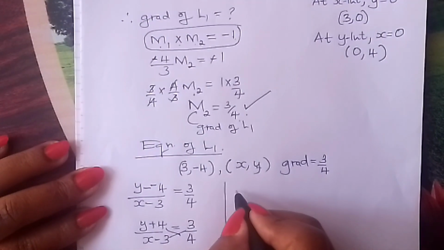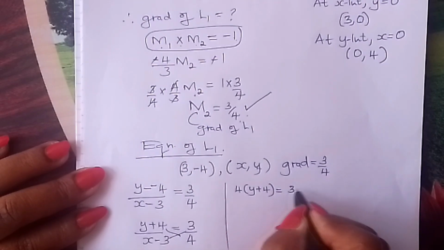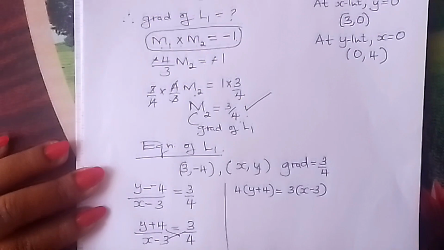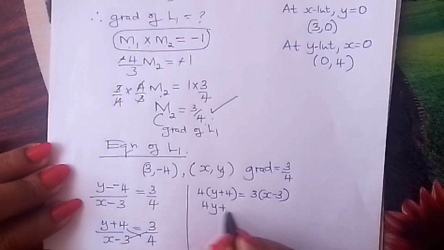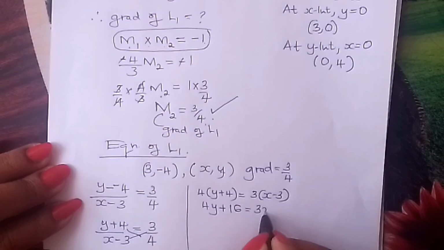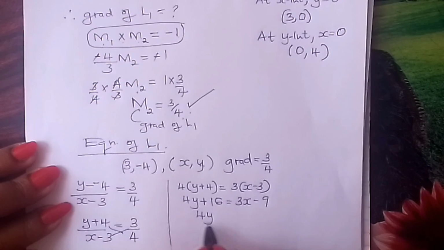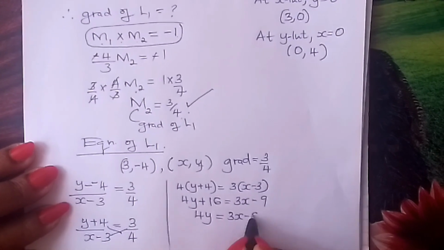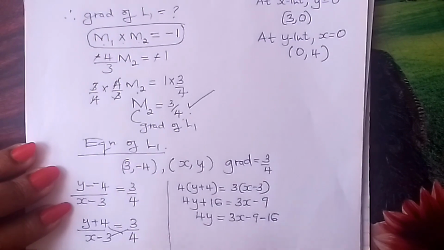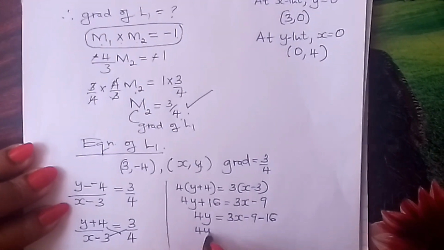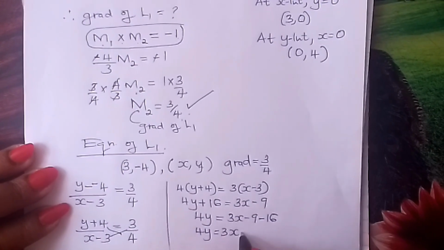We have 4 into bracket y plus 4 is equal to 3 into bracket x minus 3. Remove the brackets accurately: 4y plus 16 is equal to 3x minus 9. Take this positive 16 to the other side, it becomes negative. So 4y is equal to 3x minus 9 minus 16. Bring this together accurately, gives you -25.